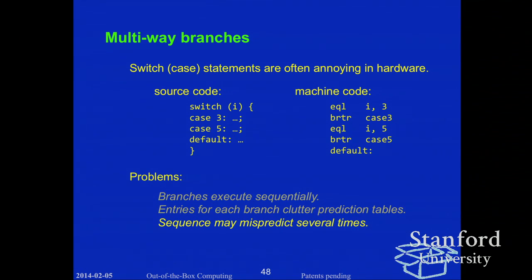We unwind everything, go and test the next case, and in the absence of 3, it now predicts that 5 is going to be taken, and it turns out that 5 wasn't taken either, and the correct thing we should have done was go to the default case, but meanwhile, we've taken the 2 mispredicts, and mispredicts on a conventional machine are exceptionally painful. The Mill only has a 5-cycle mispredict penalty as opposed to the 15 or 20 typical of other machines, but 5 cycles is painful for us too.